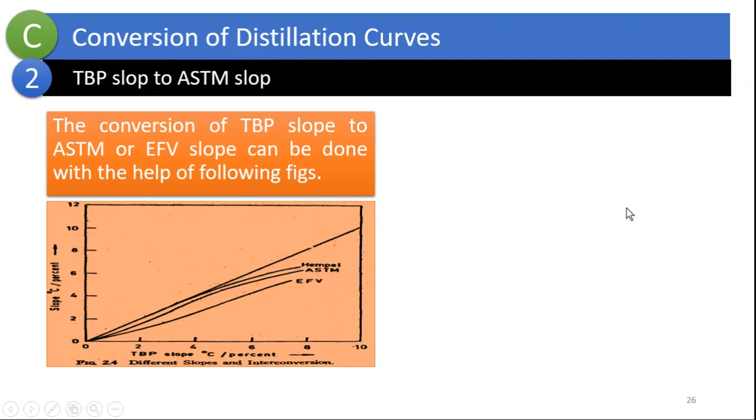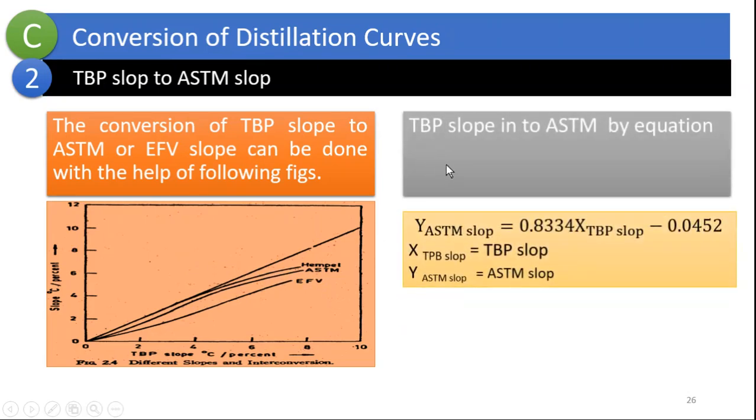Also you can use correlations, converting the TBP slope into the ASTM slope by equations. This is the equation: ASTM slope is equal to 0.8334 multiplied by the TBP slope minus 0.0453. Using this equation you can convert also. This is the second step, TBP slope into ASTM slope.